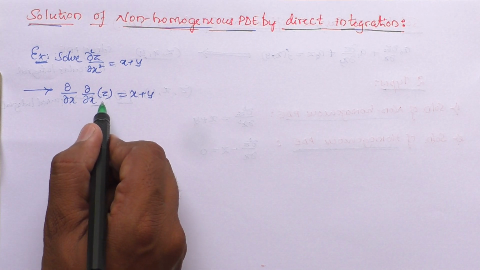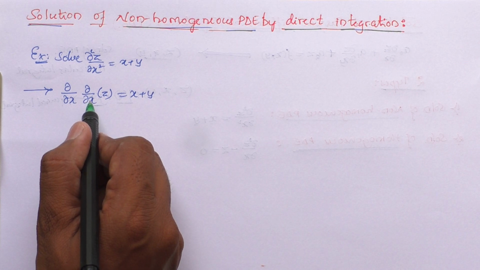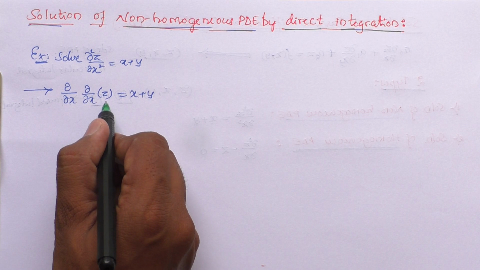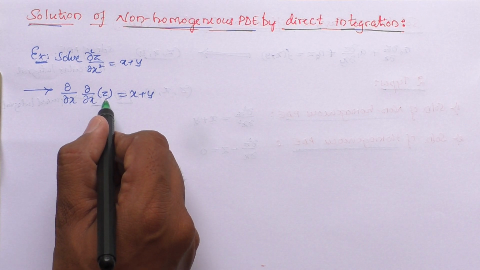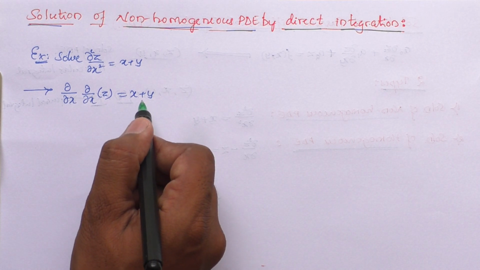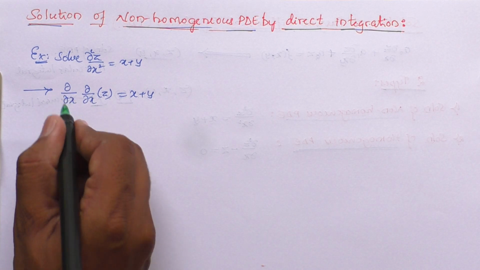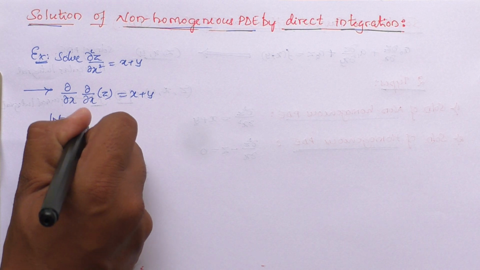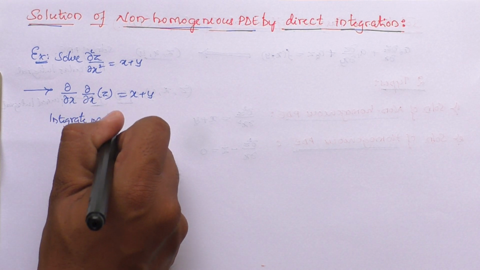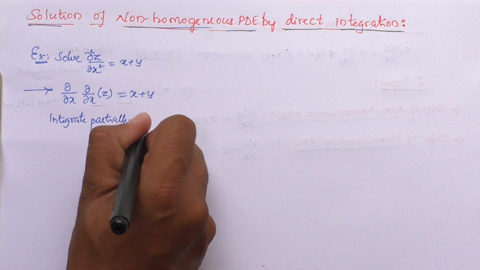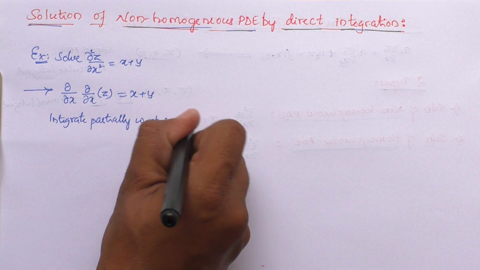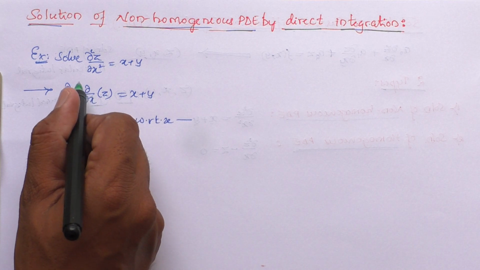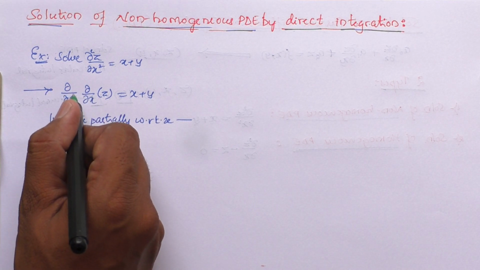To eliminate them, through direct integration we eliminate these two derivatives and get z as an expression in terms of x, y. So now, integrate partially with respect to x. When you integrate, the integral of the derivative of some term is the term, and the derivative gets cancelled.